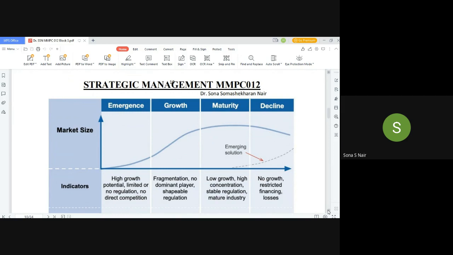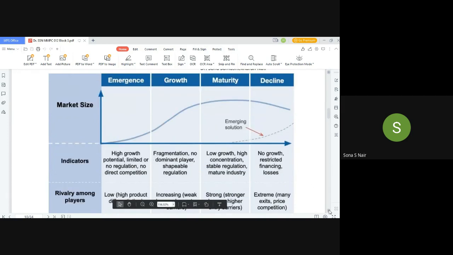So, as far as strategies are concerned in an industry, if the firm is in the emergence stage, or in the growth stage or maturity or decline stage, the strategies which have to be followed by the organization will be different.